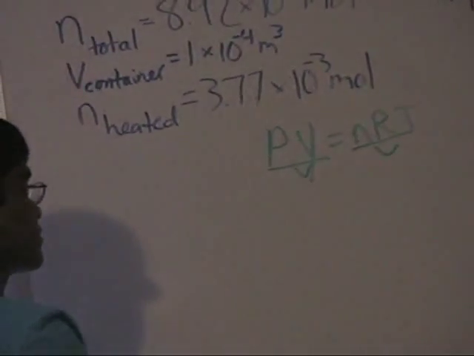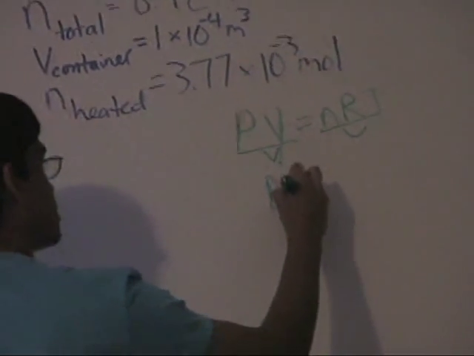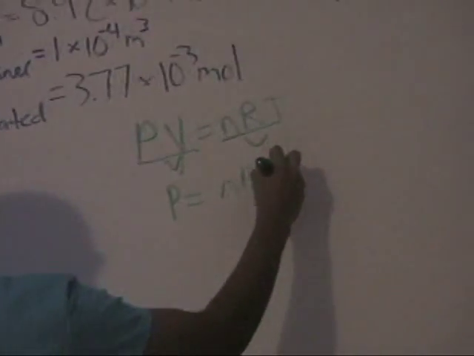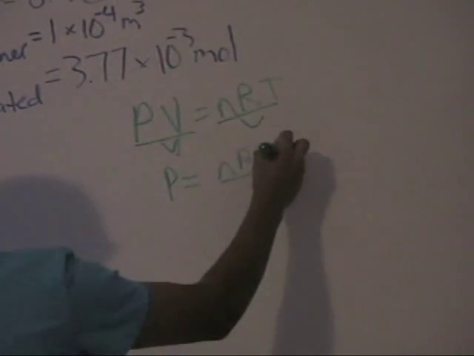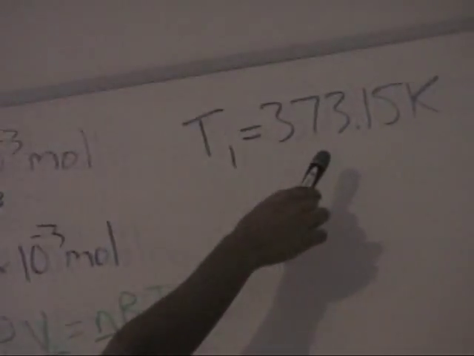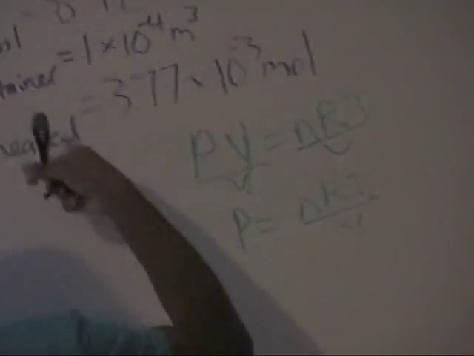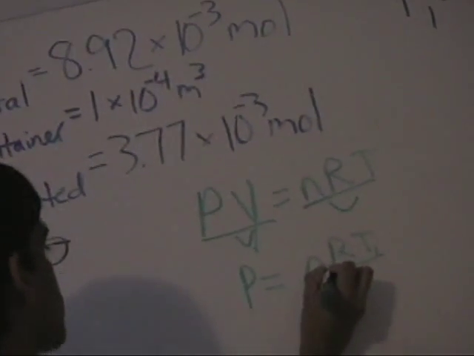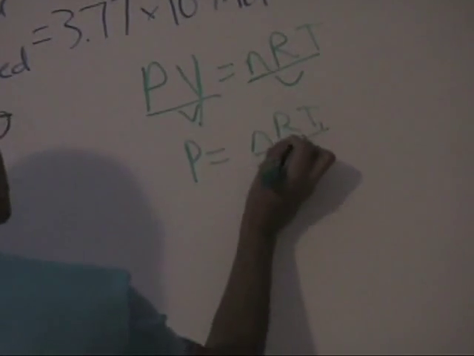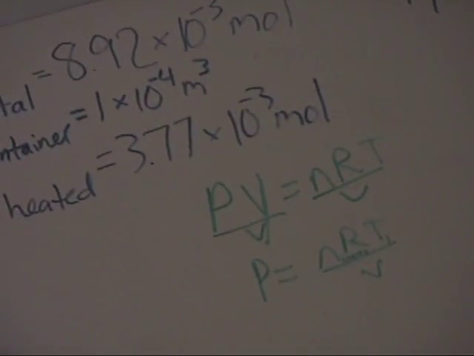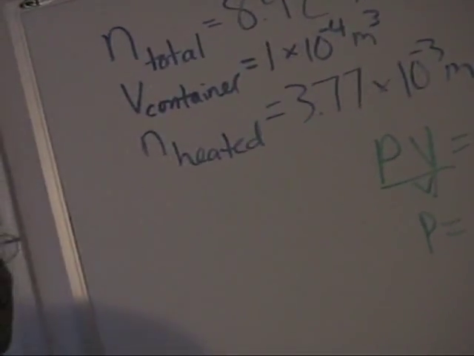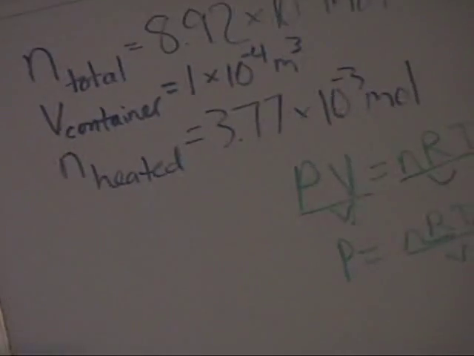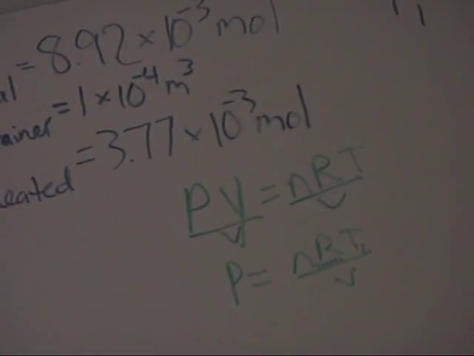Volume cancels out on the left side, and we're left with P equals nRT over V. And T is T1, which is 373.15 Kelvin, and N is from the heated container. Sorry, it's small. It's 3.77 times 10 to the negative 3 moles.